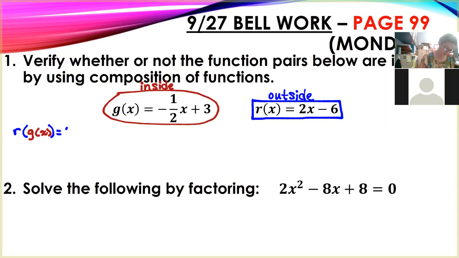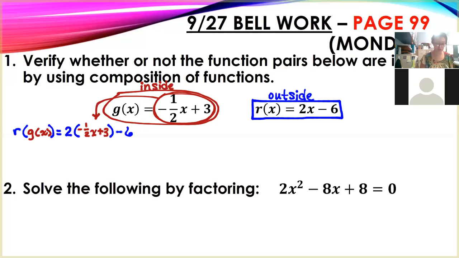So I'm going to recopy the 2, and then I'm going to leave some parentheses here for my substitution, and then minus 6. So just like as if I was putting a number in the place of x. But instead of a number, I'm going to take this whole function, g of x, and pop it into those parentheses. So I'm going to have negative 1/2 x plus 3.